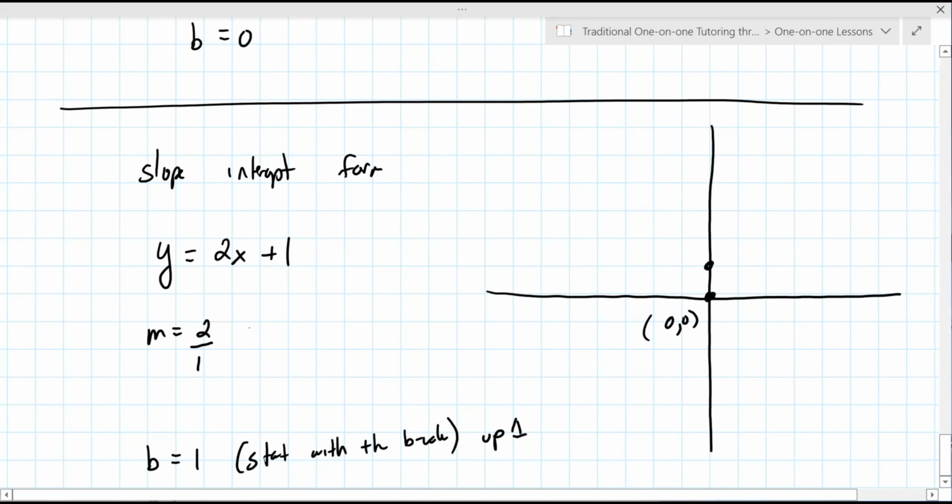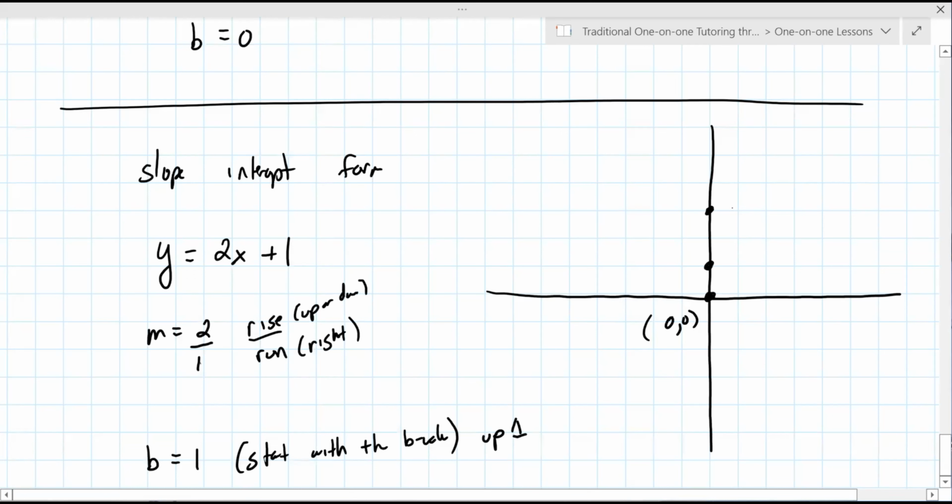Yes. Now the slope is rise over run. The rise is actually not quite the right word because you can either go up or down. Since 2 is positive, you're going up. So from this new point, you're going up 2, 1, 2, and then you're running. You always run to the right. There's no exceptions to that. It's always to the right.